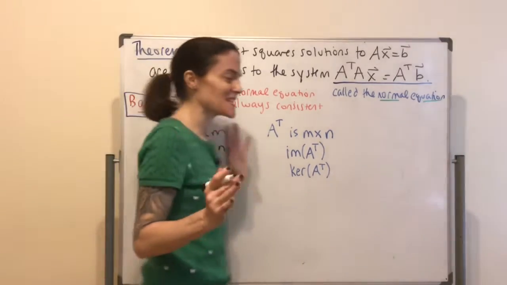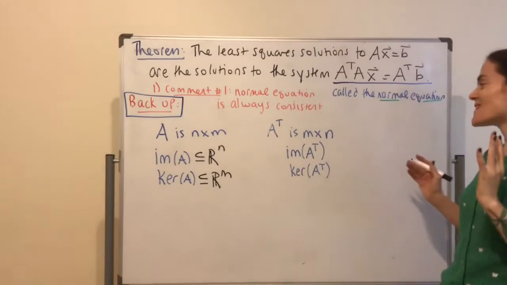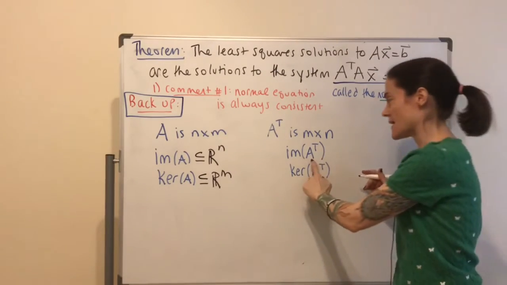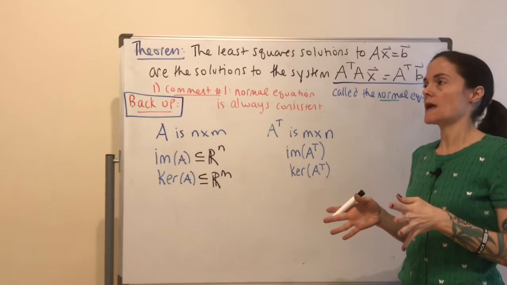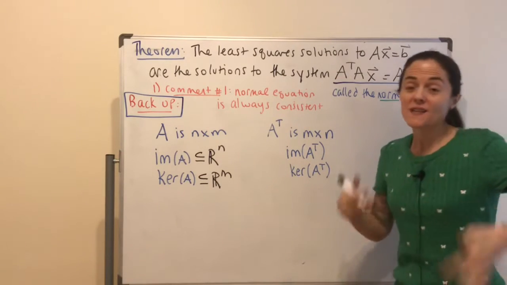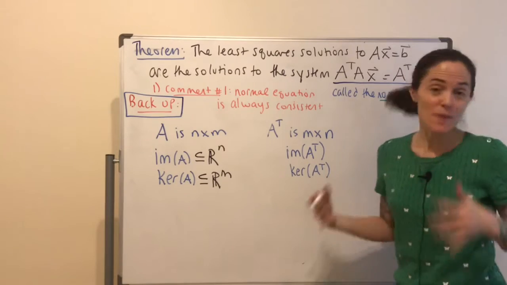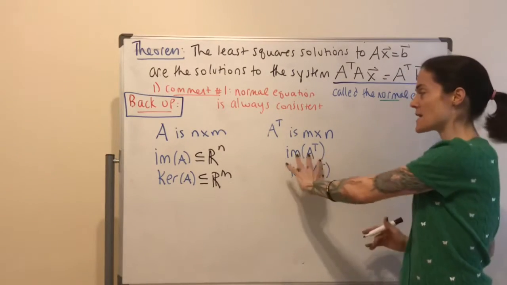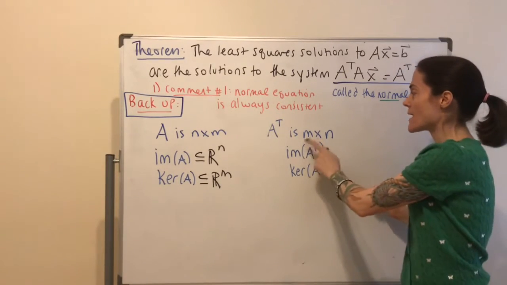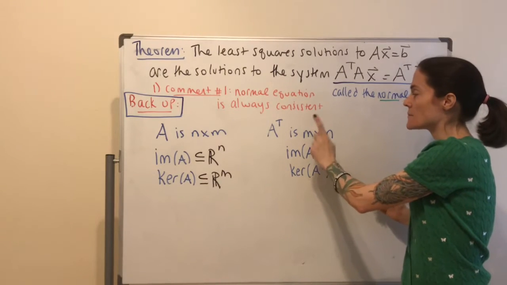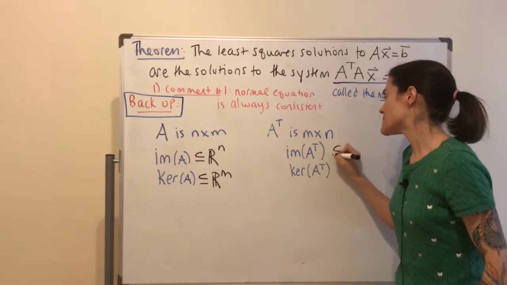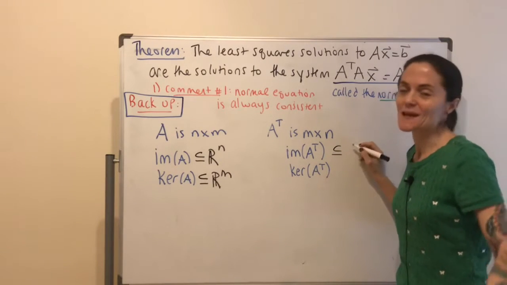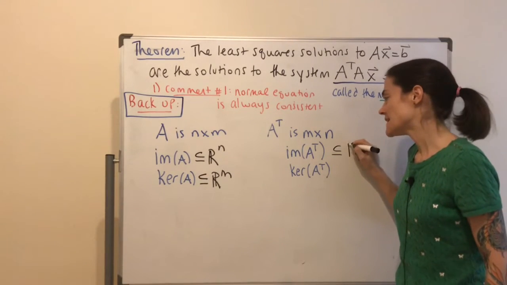Okay, now let's do the same thing over here. A transpose. Well, okay, again, now the image of A transpose. We're going to take all columns of A transpose, their span. Oh, that's going to be the image of A transpose. But now we have n columns, each of them is in Rm. So this is a subspace, even though, as I mentioned, I'm going to write subset of Rm.